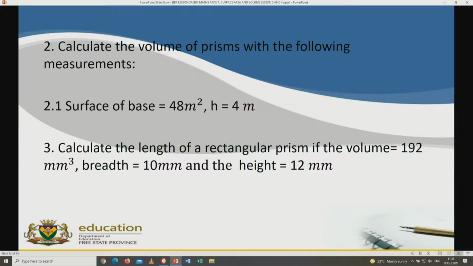That is 48 meters squared. And therefore, with the height of 4 meters, we need to calculate the volume.